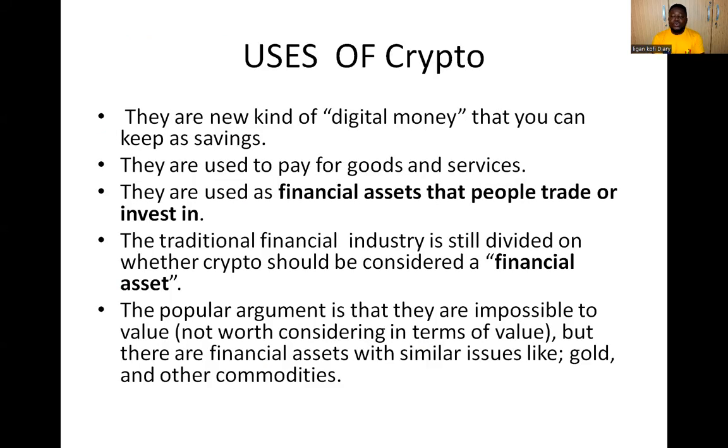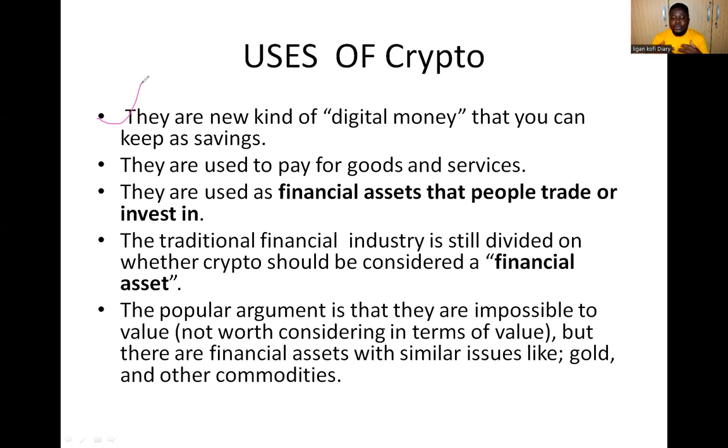Okay, so uses of cryptocurrency. Point number 1 says that they are a new kind of digital money that you can keep as savings. Yes, you can actually keep cryptocurrencies as savings. You can save cryptocurrency just as you save fiat currency.